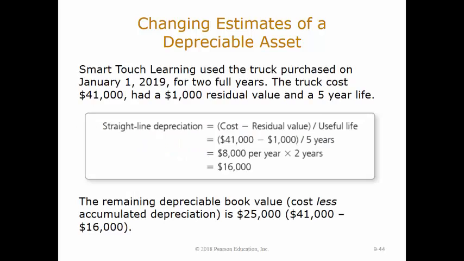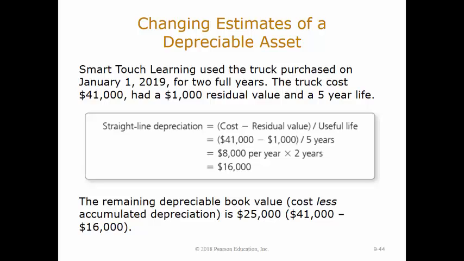Smart Touch Learning used the truck purchased on January 1st, 2019 for 2 full years. The truck cost $41,000, had a $1,000 residual value, and a 5-year life. Straight line depreciation for 2 years is equal to $41,000 minus $1,000 residual value divided by 5 years, or $8,000 per year, times 2 years is equal to $16,000.